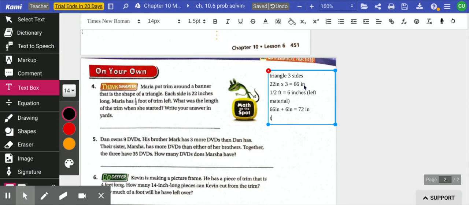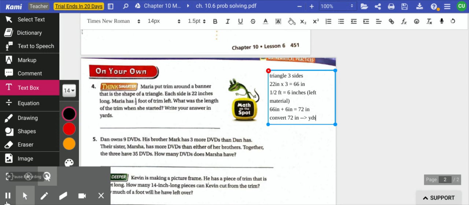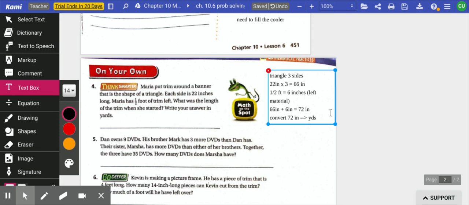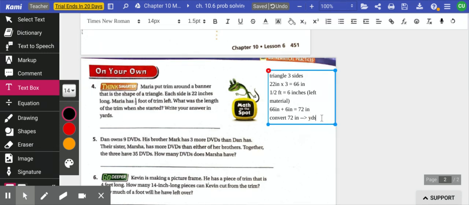Now you need to convert your 72 inches to yards. And if we use our conversion chart, we know that 1 yard is 3 feet, and I know that 3 feet equals 36 inches.